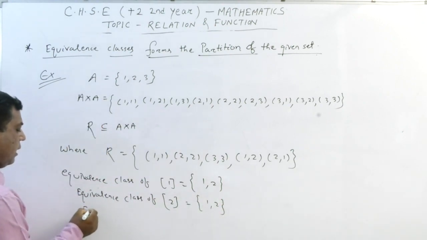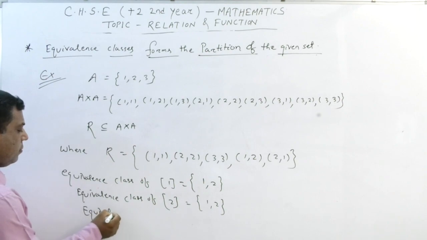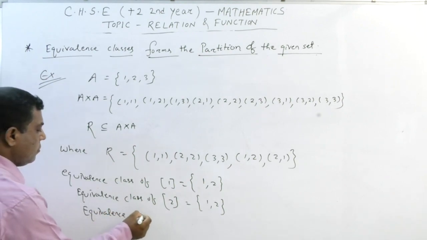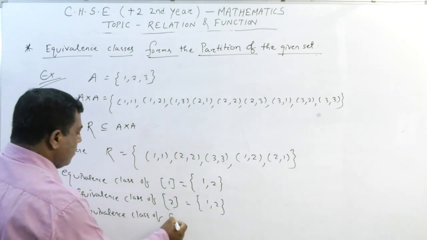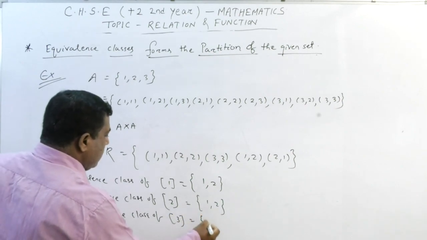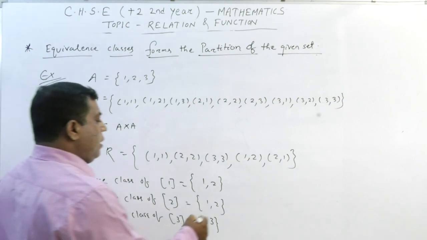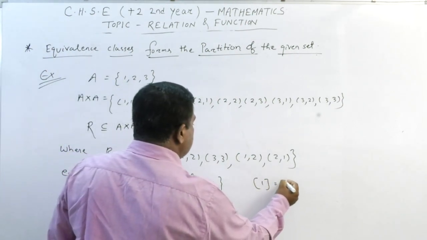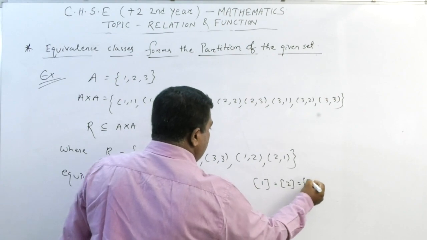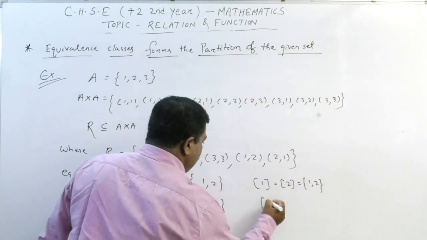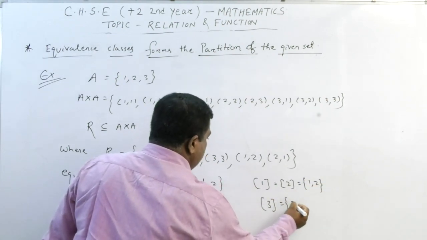What is the equivalence class of 3? It is the set consisting of 3. So you see here, equivalence class of 1 equals equivalence class of 2 equals the set {1, 2}. And there is another equivalence class, that is {3}, consisting of a single element.